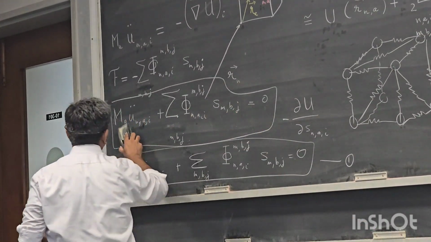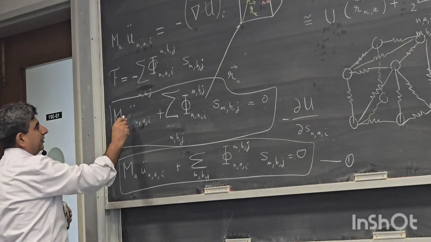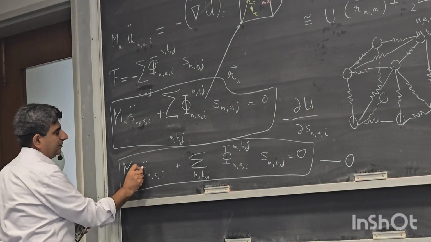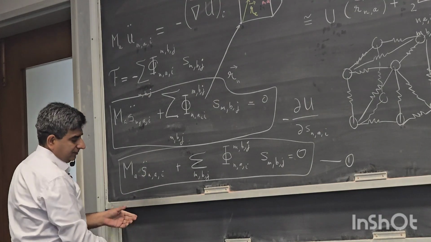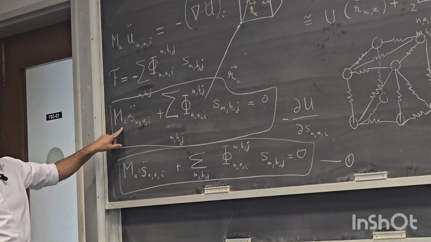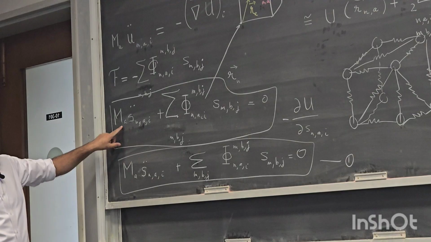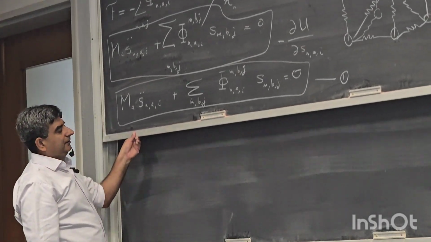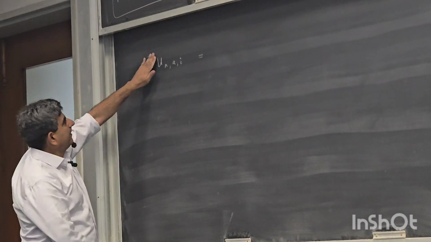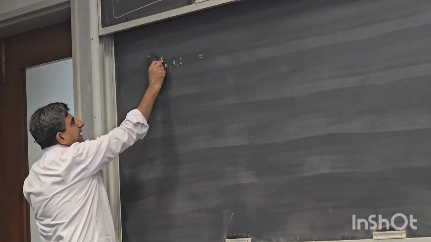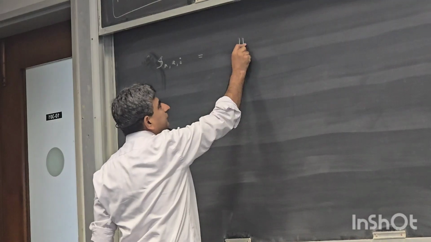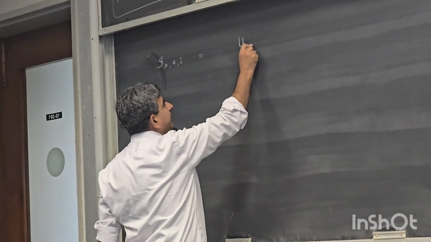This should be S. So sorry. Right, so this is the acceleration of the nai, so there should be an S here. So I assume that my s_nai is some amplitude u_ai.